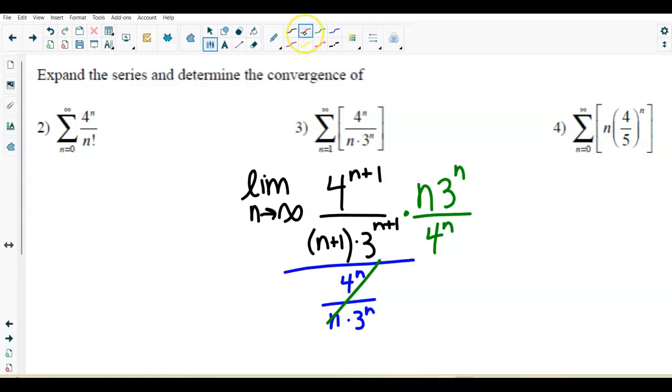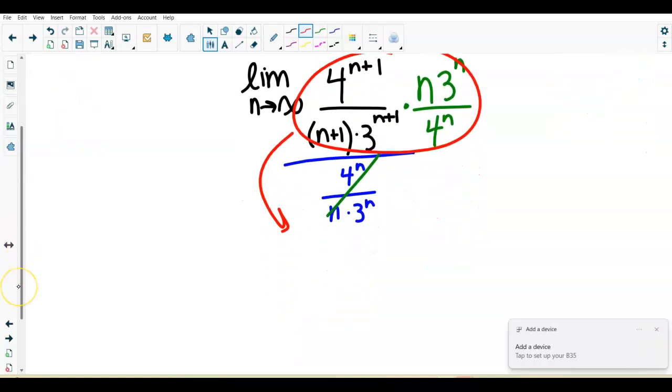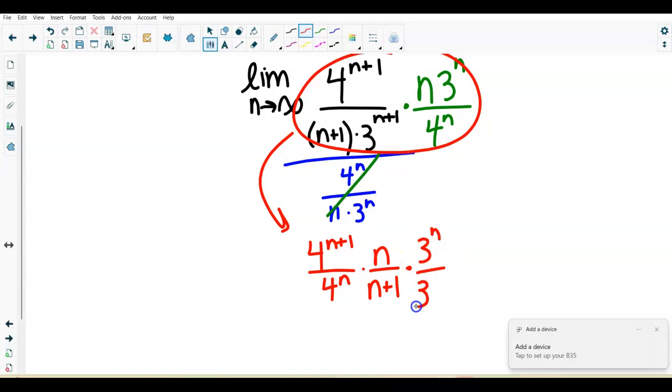Kind of like we did before, when we multiply these, we can put our common things over each other. And so we can put this 4 to the n+1 over this 4 to the n times, we'll take the n from the top and then the n+1 from the bottom times 3 to the n on top over 3 to the n+1 on the bottom.